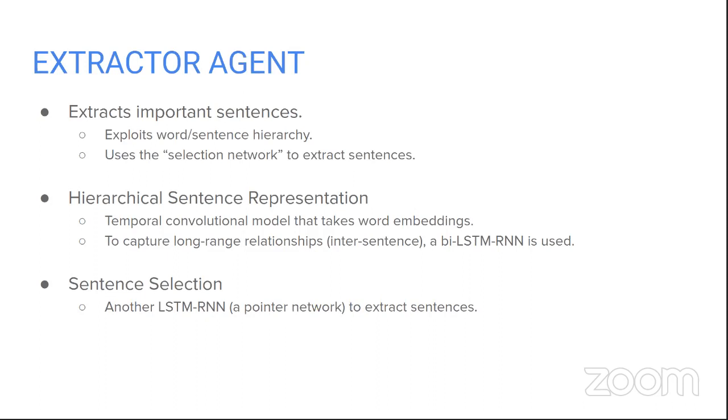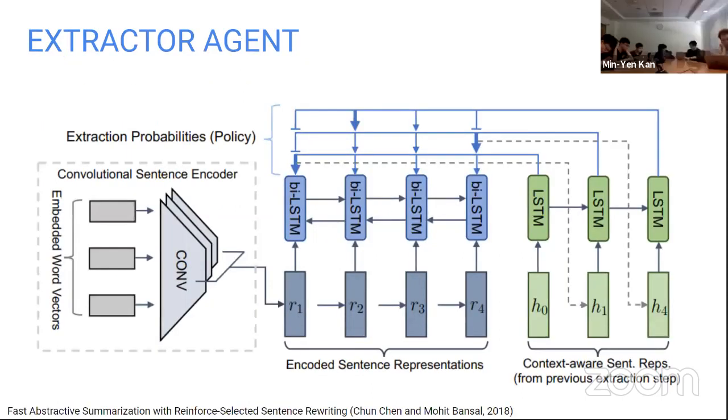The next important thing is that it also has to capture the longer range relationships between the sentences. So they also use LSTM and bidirectional LSTM and RNN, and some other LSTM RNN, which we didn't understand how they work, because we'll see in the next slide. Can we go to the next one? Yeah.